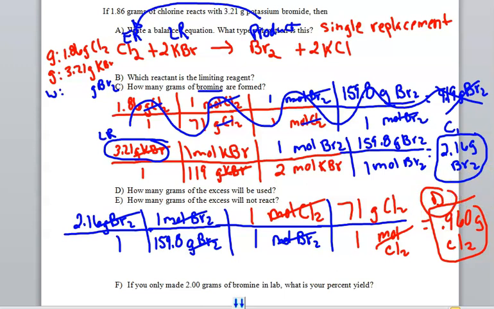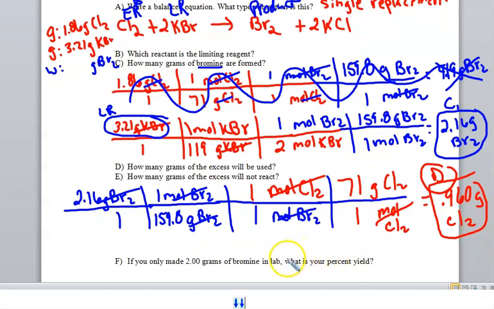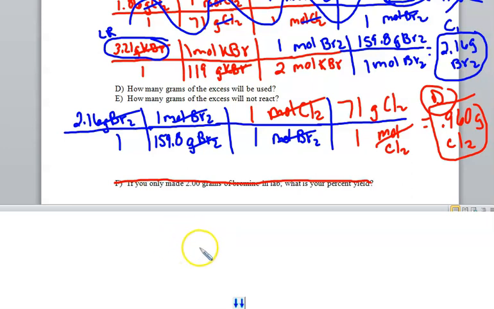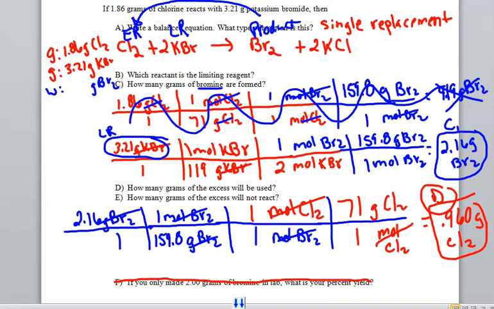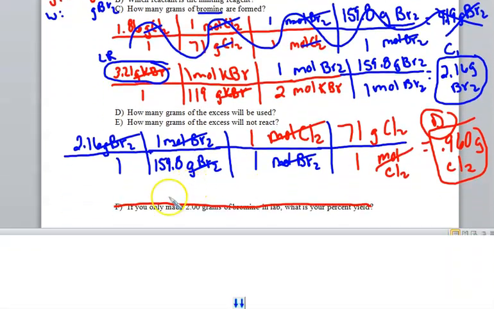To figure out E, I don't have much room. I'm going to ignore this for just a second. Okay, so to go to letter E, how much excess? You go back to, how much chlorine did you have to start? You are always going back to the given. I had 1.86, $1.86. I'm going to spend 96 cents of it.